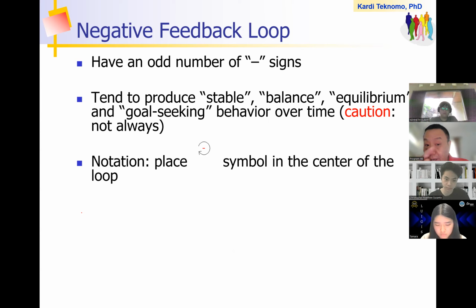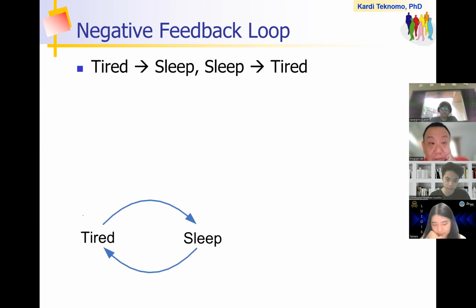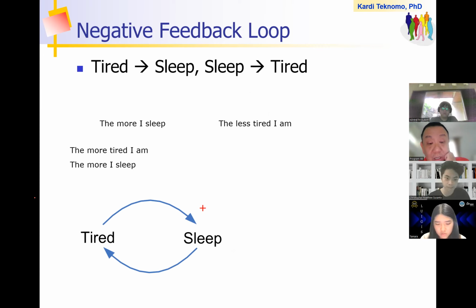So you put the negative sign in the center of the loop. So this is an example of a negative feedback loop, right? The more tired that you are, the more sleep that you need, right? Let's say this is positive link polarity. The more sleep that you have, the less tired I am. So this is negative link polarity.